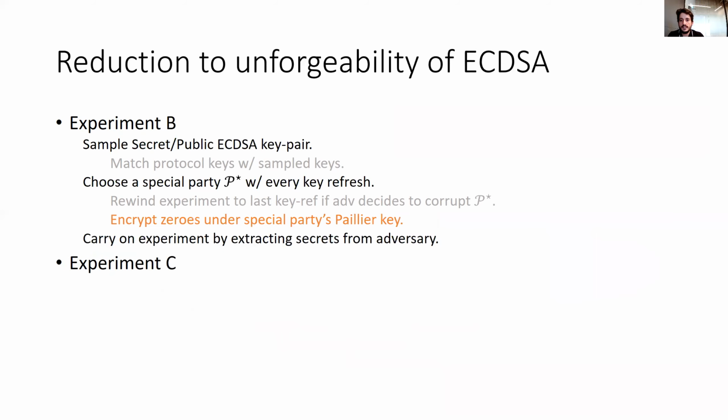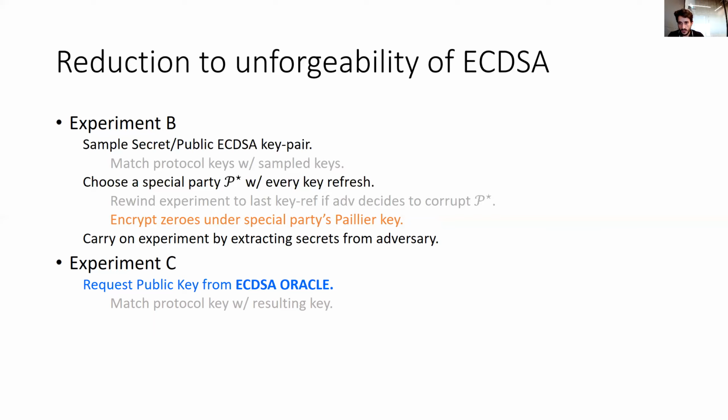Good. So finally, let's turn to the last experiment, which is what we're really interested in. On the surface, the last experiment will appear rather different than the first one. So let me give you the outline of experiment C. First, the simulator does not sample its own key pair, but rather requests a public key from an ECDSA oracle.